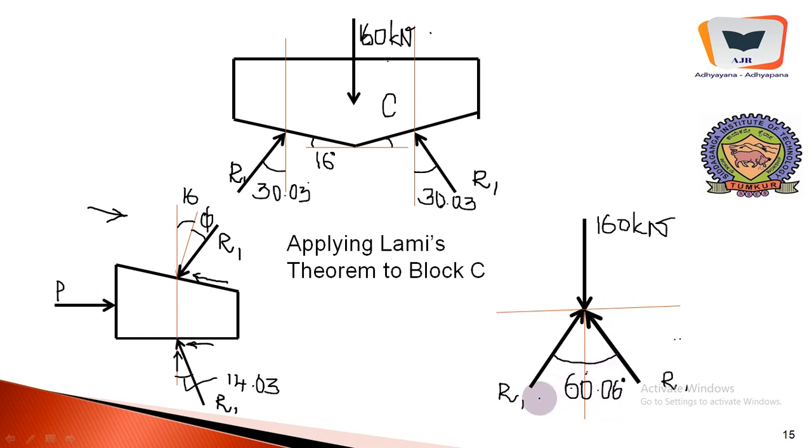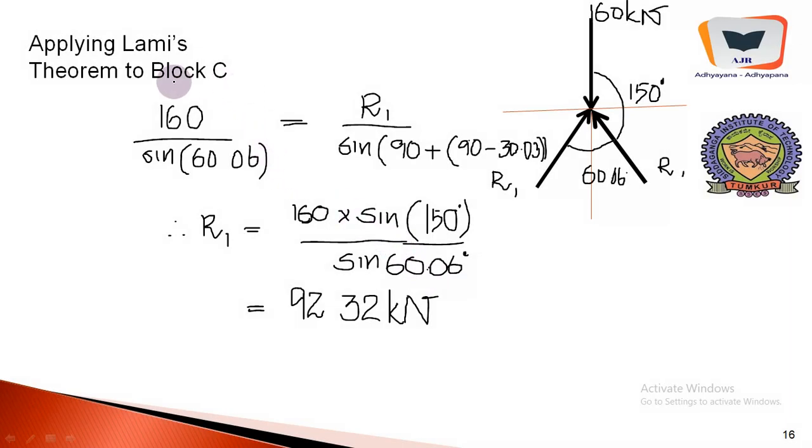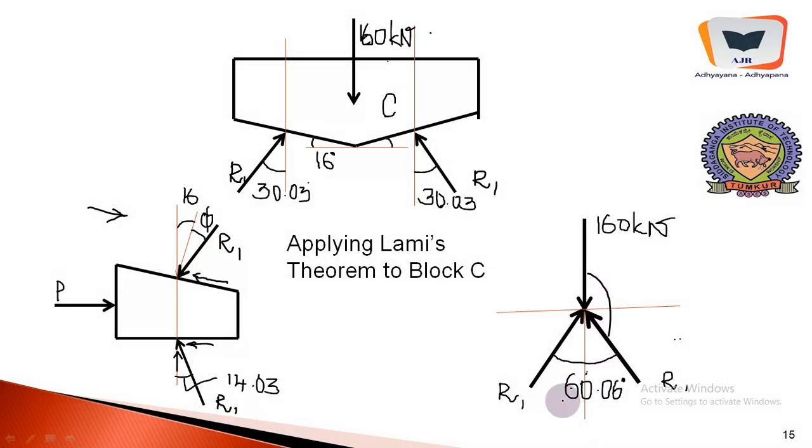Now it is very easy for us to calculate R1. It is R1 over sine of this angle equal to 160 divided by sine of 60.06. We do that applying Lami's theorem to block C. So 160 divided by sin 60.06 degree equals R1 over sin of 90 plus 90 minus 30.03.